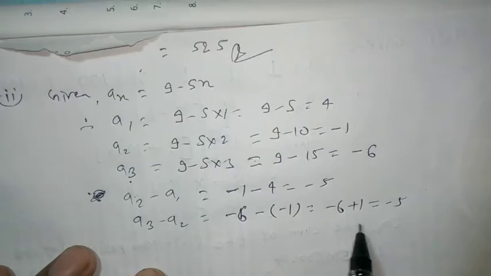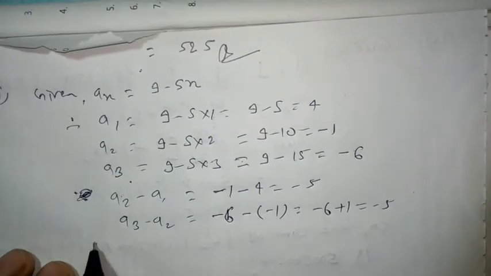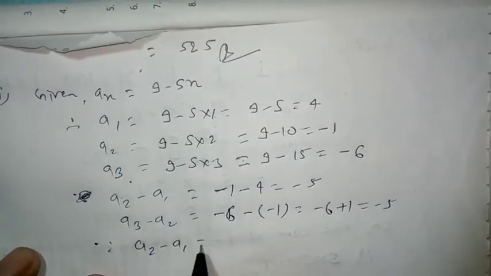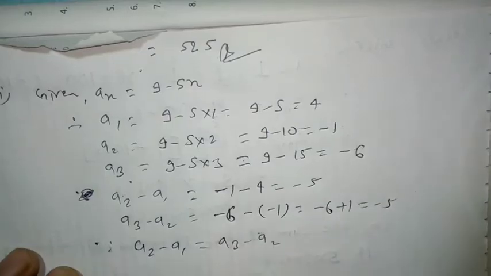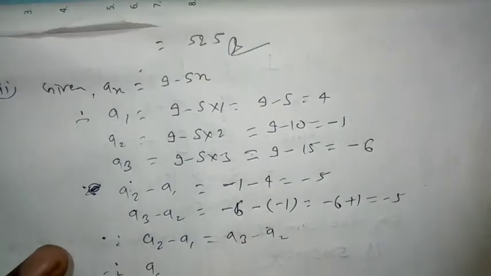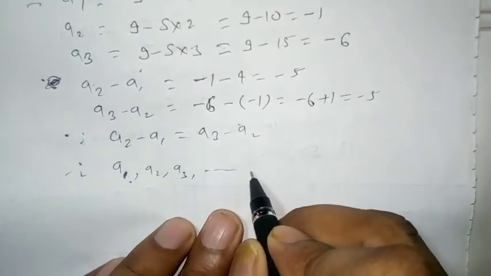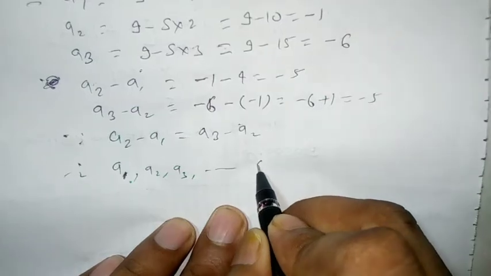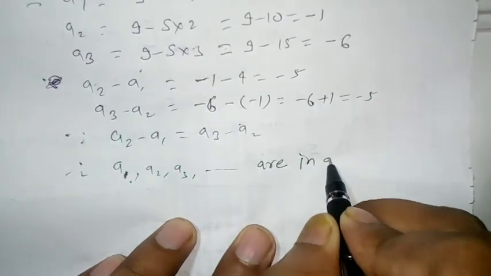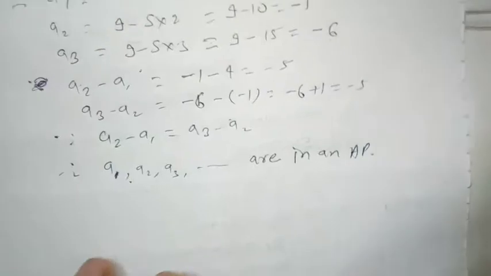Both are the same. Now because a2 minus a1 is equal to a3 minus a2, therefore a1, a2, a3, ... are in an AP.